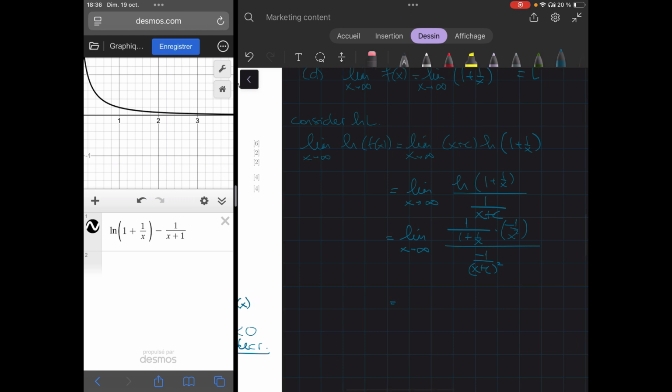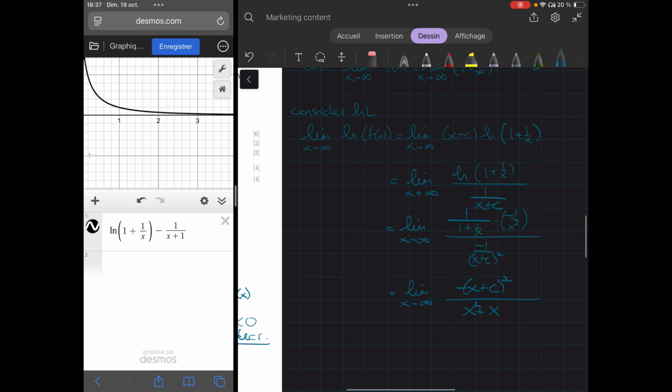Simplify your answers just a little bit. And we're down to this very basic limit. The numerator is a quadratic, the denominator is a quadratic.